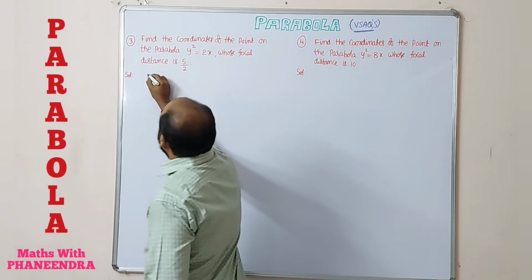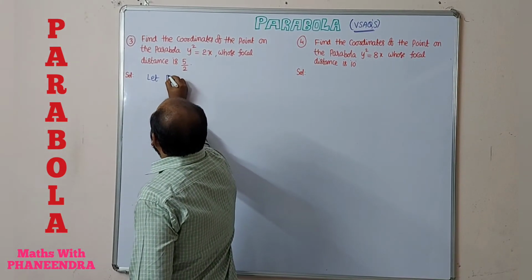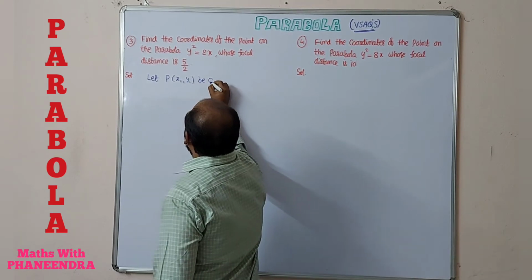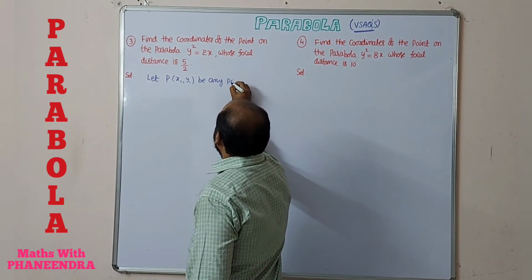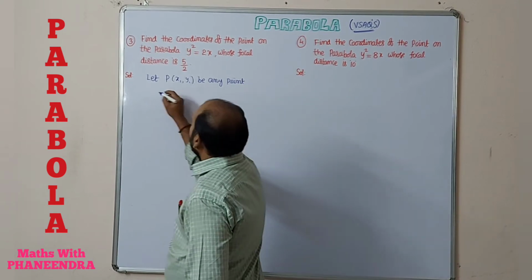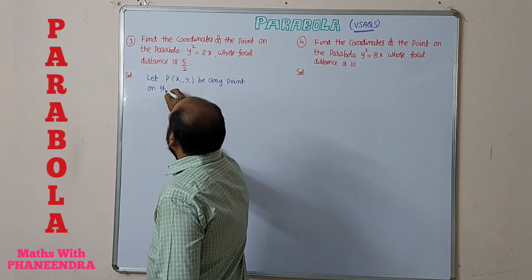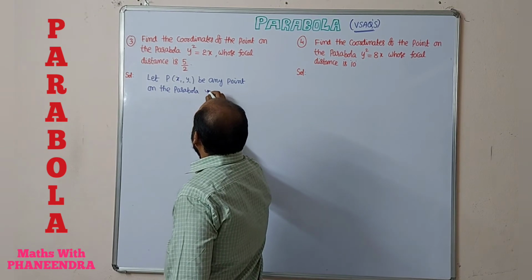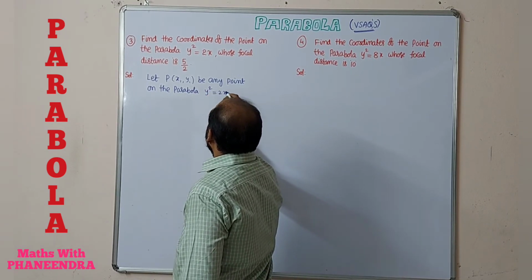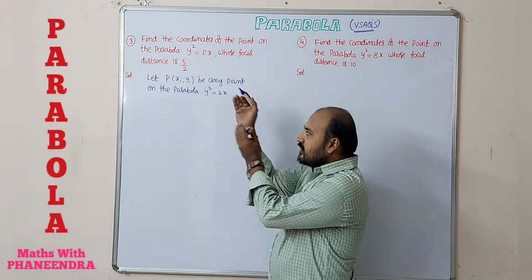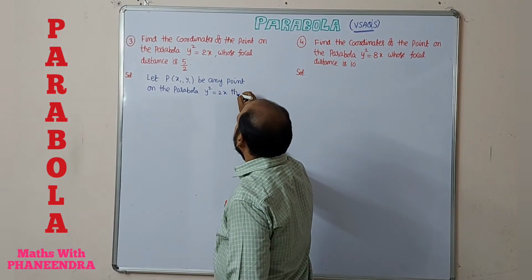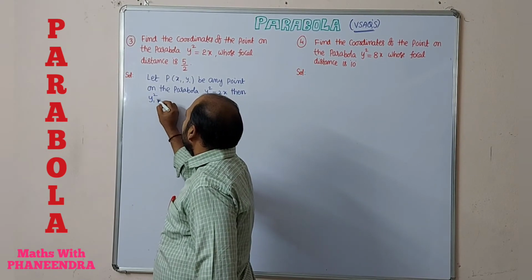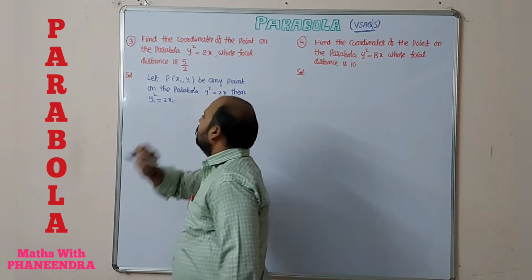So let P of x1 comma y1 be any point on the parabola y square is equal to 2x. So wherever point lies on that, then y1 square is equal to 2x1.